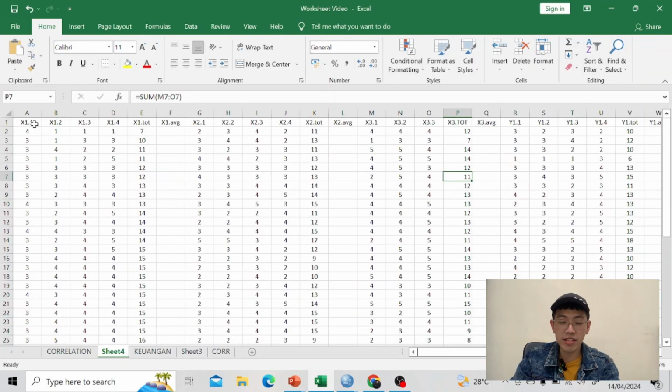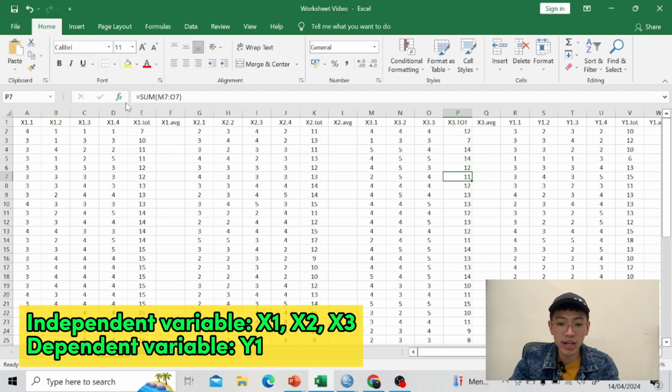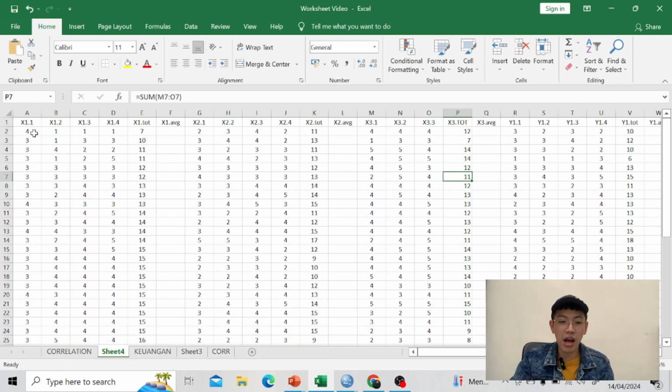Alright, so I have data from several variables here. There are 4 variables, x1, x2, x3, and also y1. So we know that the independent variables are x1, x2, and x3, while the dependent variable is y1. If we look at the data, we know that the variables are latent variables, so they use several indicators.